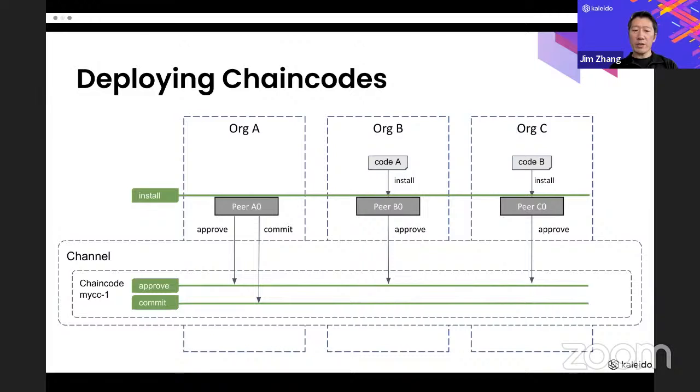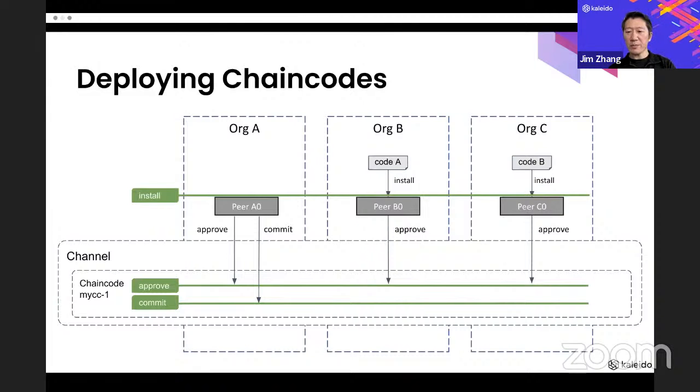What's required is that they produce the same result when the same method is called. They have to implement the same interface, because they will be asked to execute the same method with the same parameters, but their implementation can be different. In this example, org B is installing implementation A of this interface.